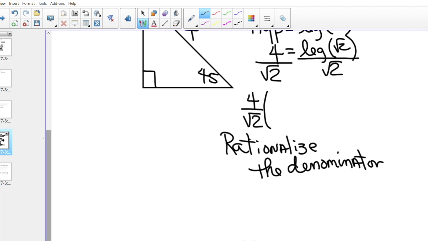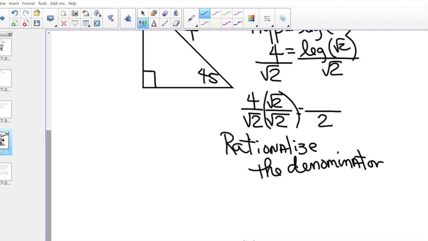To get rid of the radical, we multiply by a radical, with the number being 2. If you put it on the bottom, you multiply the top by that. On the bottom, the square root of 2 times the square root of 2 is simply 2.